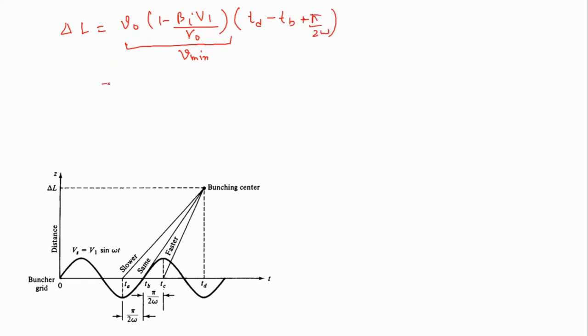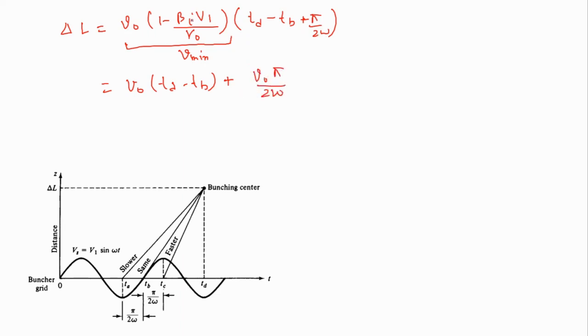So this would be V0 into TD minus TB, plus V0 into pi by 2 omega.